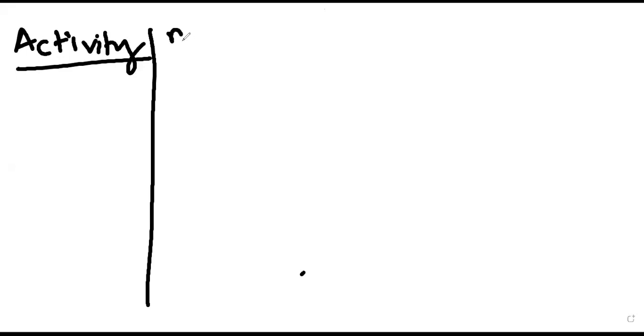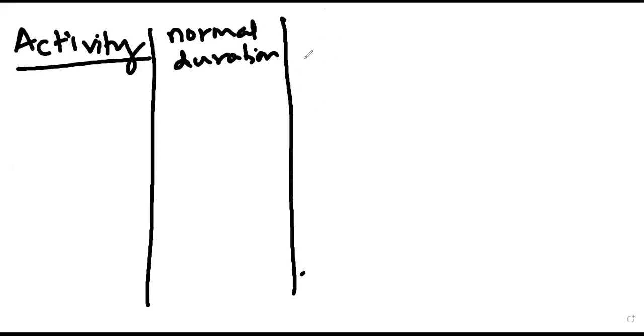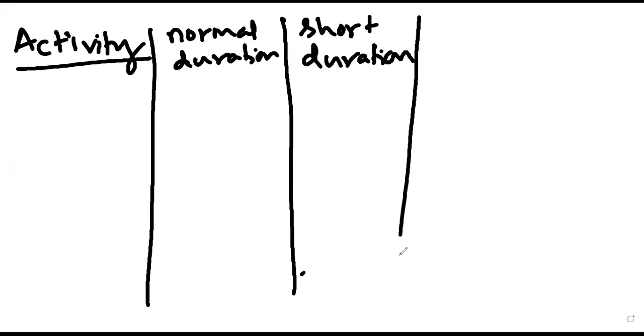Activity. So just note the title here. The short duration is nothing but crash duration. Next, cost of reduction per day. Cost of reduction.